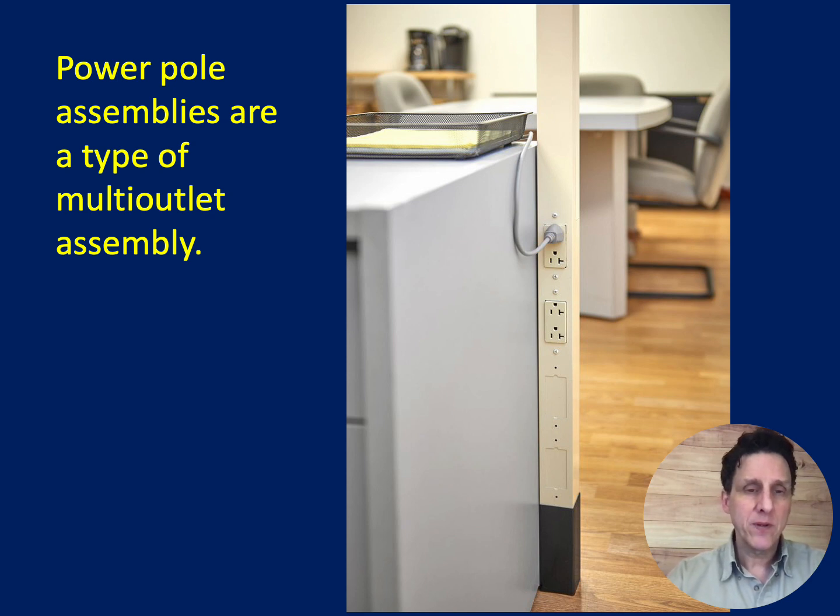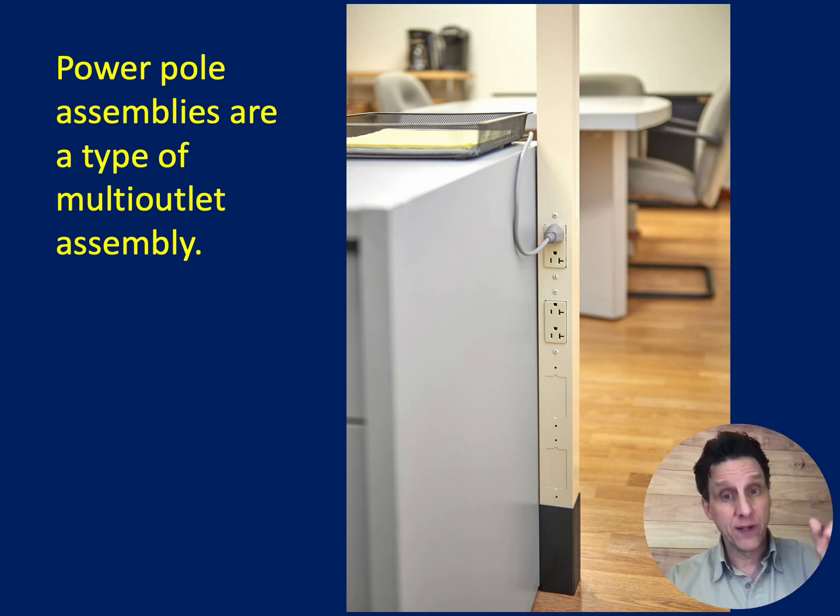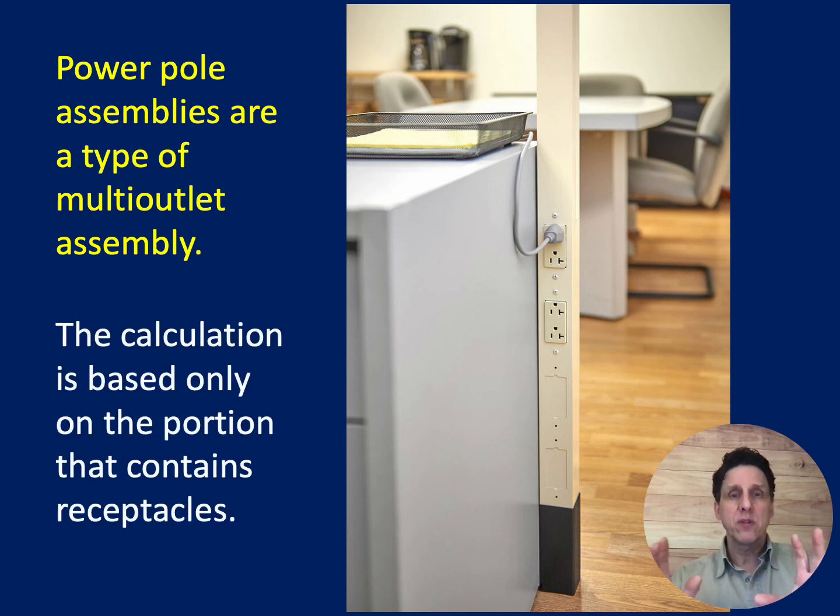All right, here's another example, right? And that goes from the floor up to the ceiling, this power pole. And only this portion of the multi-outlet assembly, the bottom portion, has receptacle outlets. And so the load calculation is only based on the portion that actually contains receptacles, right? So if that's a 15-foot power pole, for example, we don't use the 15-foot length for the load calc. We only use the portion where the receptacles are actually installed.